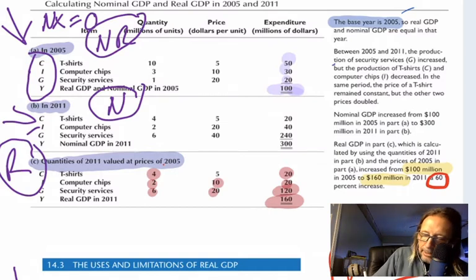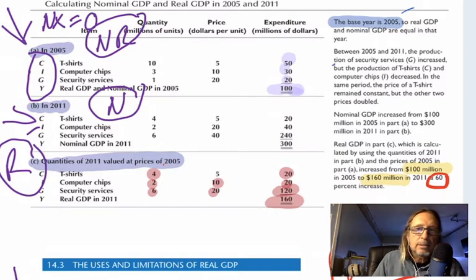So our base year expenditures are 100. Okay, so GDP in the base year is 100. Now here's a big thing you need to know for the test: in the base year, GDP is nominal and real. They're the same because we use the base year prices and the quantities.